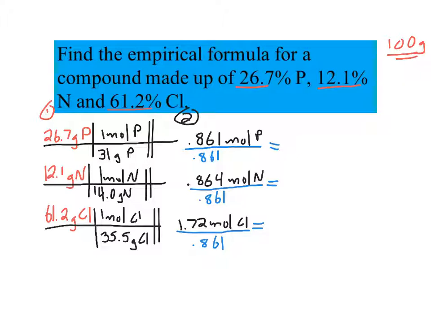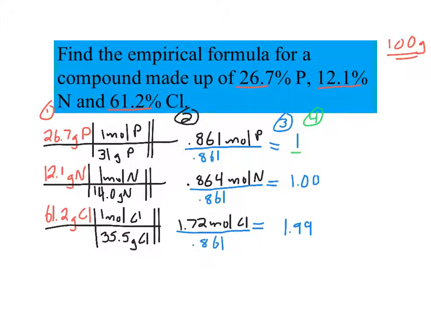The answer I get for the first one is 1. Obviously, we're dividing it by itself. The next one is going to be 1.00, so that's going to be 1 when we round. And then the last one, I get 1.99. Okay, so that was step 3, divide by smallest.